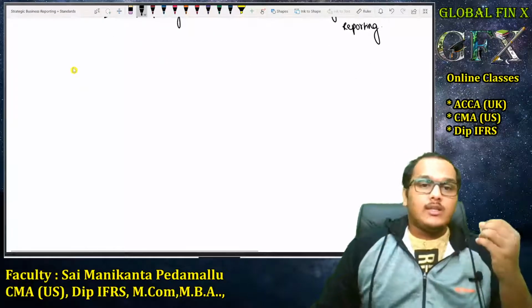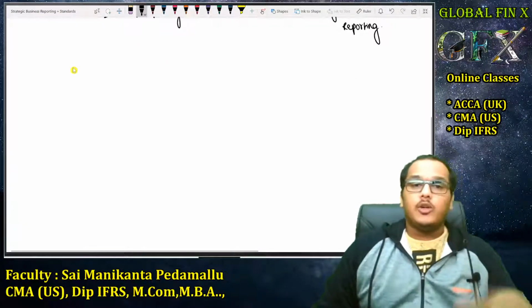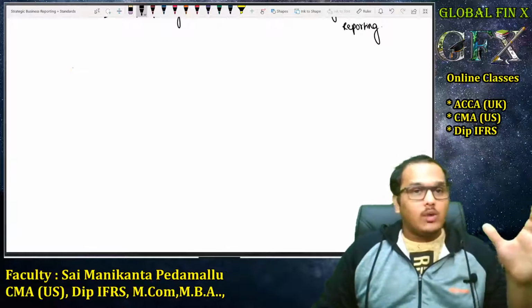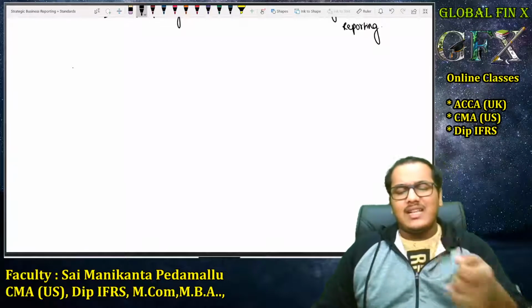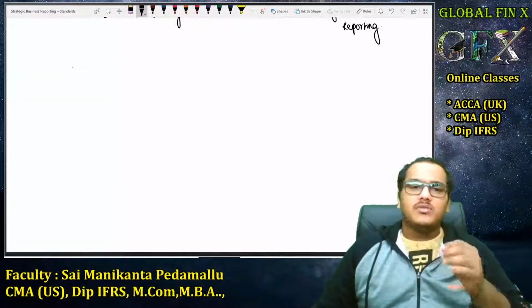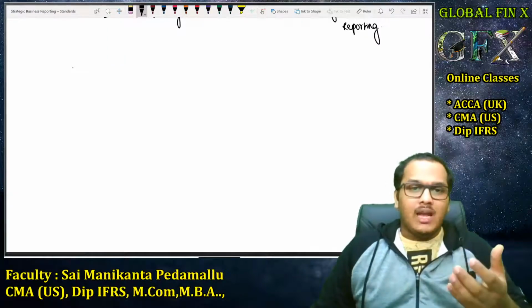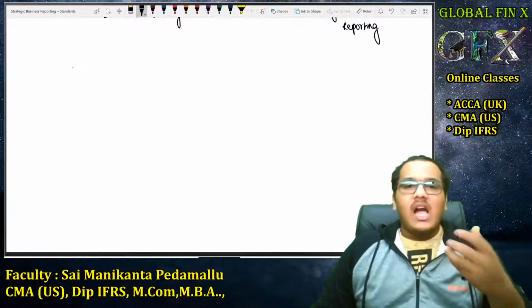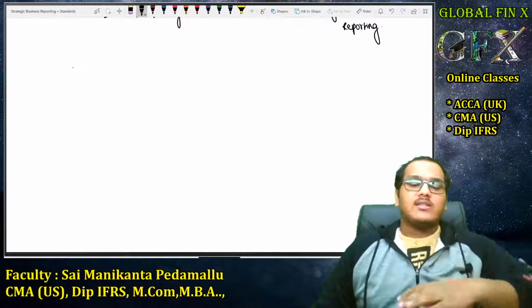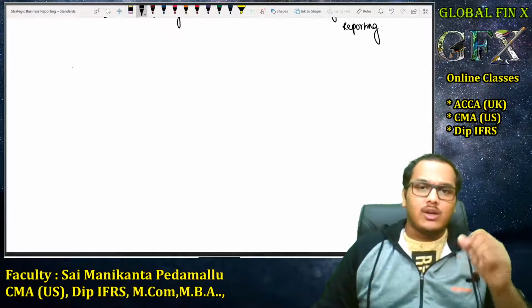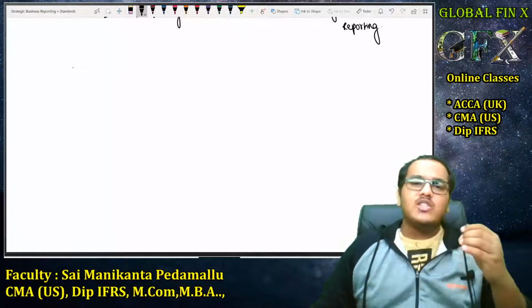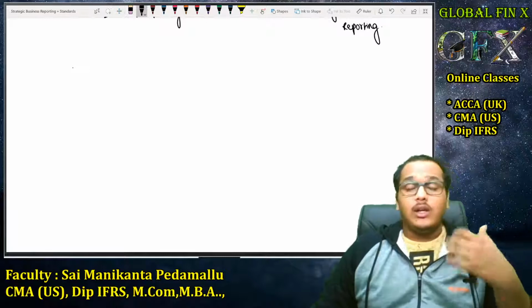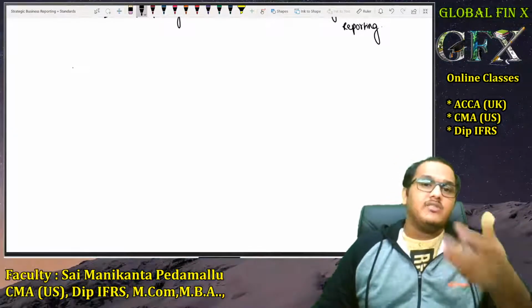As you already know, SBR is business reporting, so it is going to talk about various accounting standards. It covers all the international financial reporting standards, excepting a few which are not practically applicable as of now, like IFRS 17 insurance contracts, IFRS 4 previous insurance contracts, and similarly IFRS 12 disclosures relating to control and other entities, basically investment in other entities.